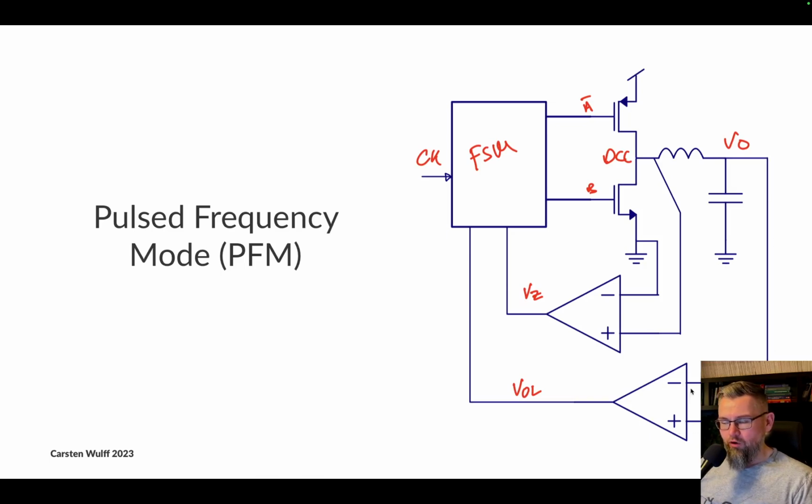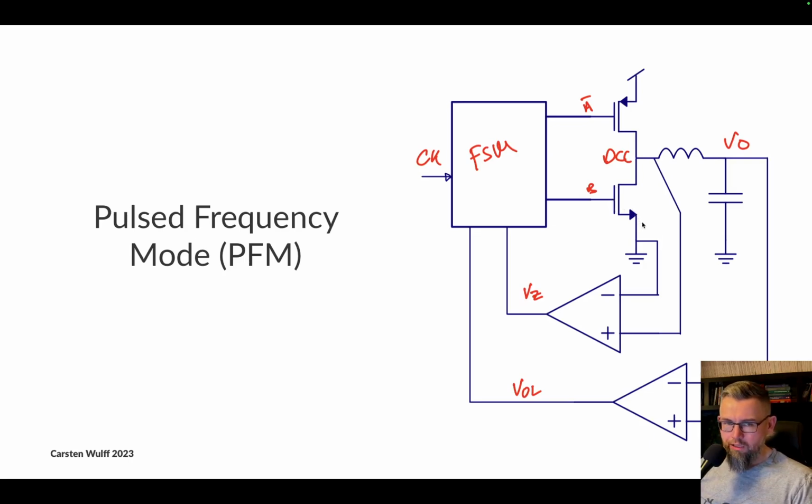When the output drops below the reference voltage, you turn on the comparator. That will turn on the PMOS, set up the field in the inductor for a constant amount of time, and when the constant time elapses, you turn on the NMOS and you wait until the inductor current becomes 0.